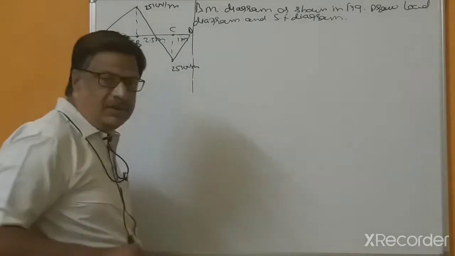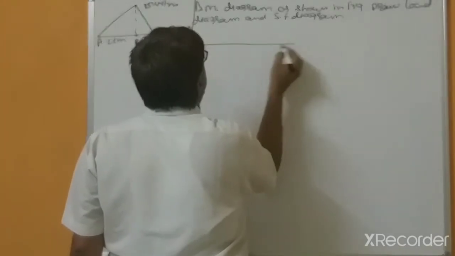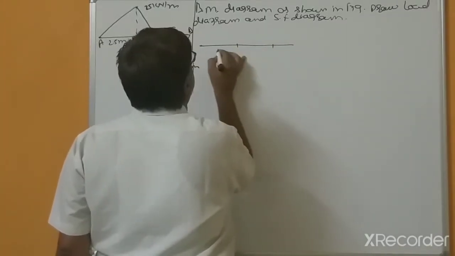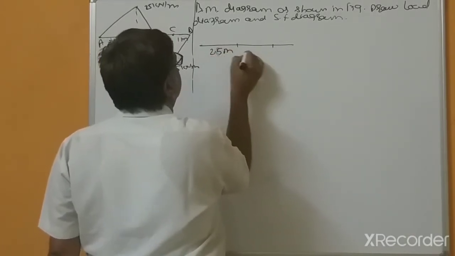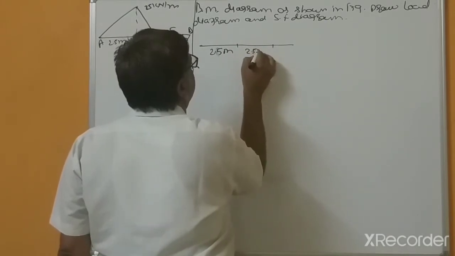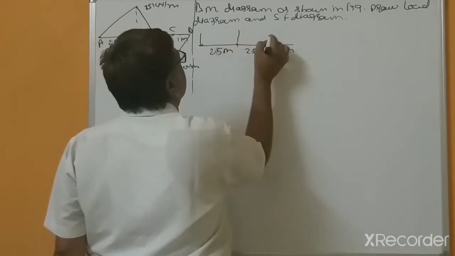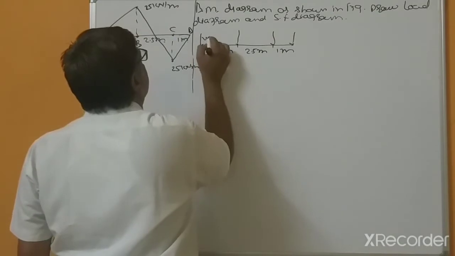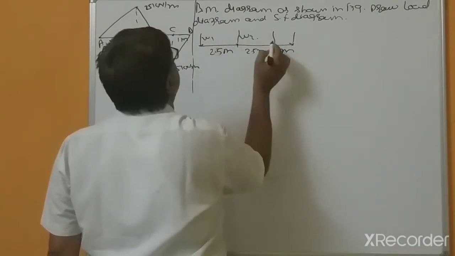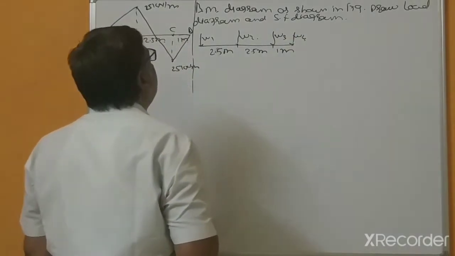For such types of diagrams, draw first. This is 2.5 meter, 2.5 meter, and this is 1 meter, and here the forces acting, let us assume all forces are W1, W2, W3 and W4.